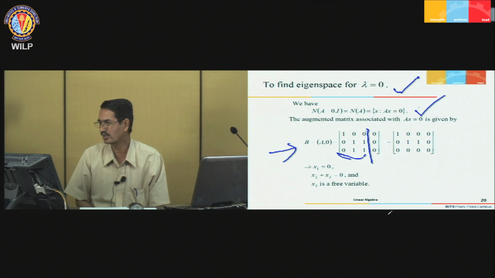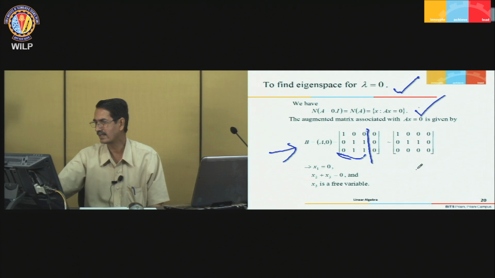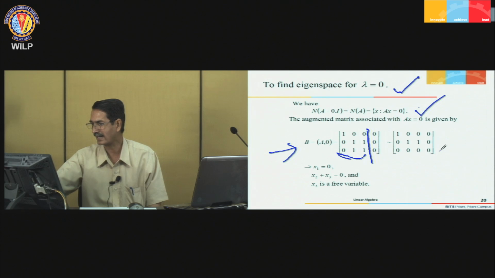And from here, what I have done is that R3, that is row 3, has been replaced by R3 minus R2, and you are going to get 0, 0, 0.